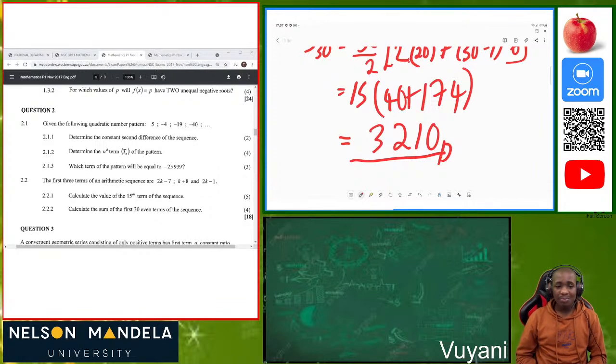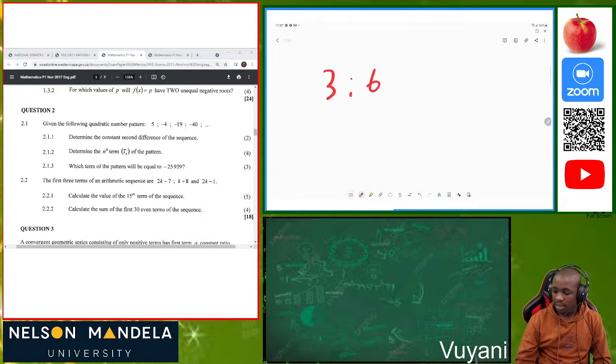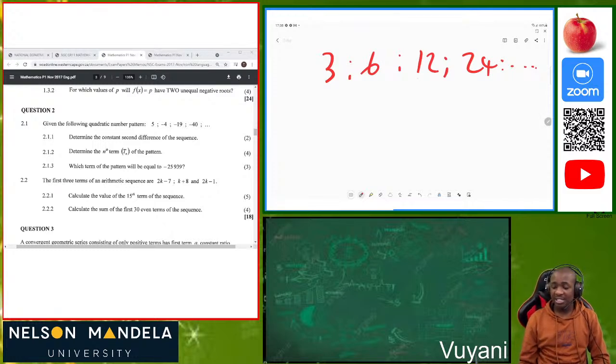Unfortunately, in this question paper, we didn't have a question about the geometric sequence. I hope next time when we are doing another question paper, we'll meet that one. But that one on the geometric, we said earlier that it's easy because, for instance, we are given 3, 6, 12, 24, etc. Then they say, given this geometric sequence, determine the constant ratio.